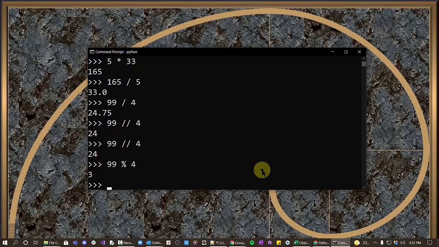And then we have exponentiation. 3 raised to the second power, with 2 asterisks, gives us 9. And then we can also raise to 0.5 in order to get a square root. So those are the fundamental arithmetic operations.